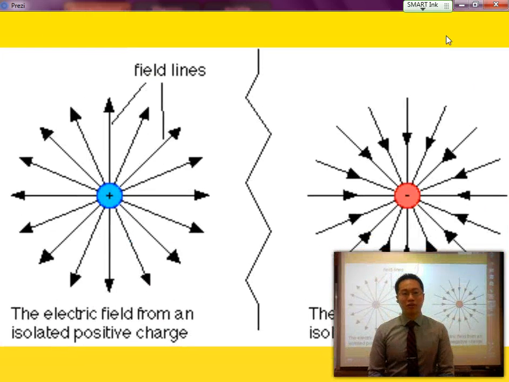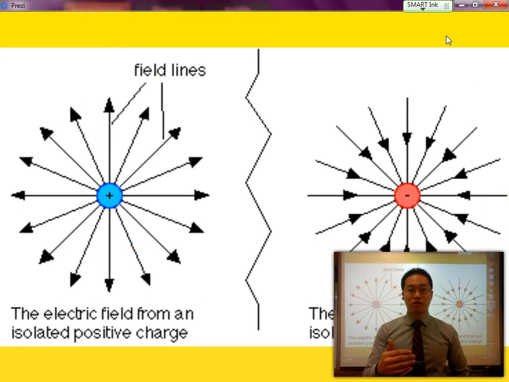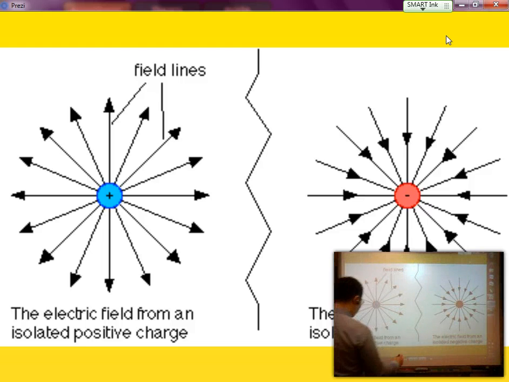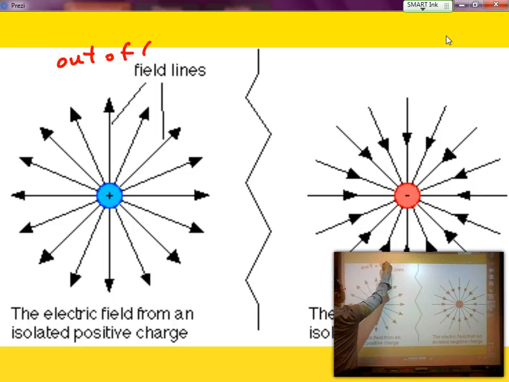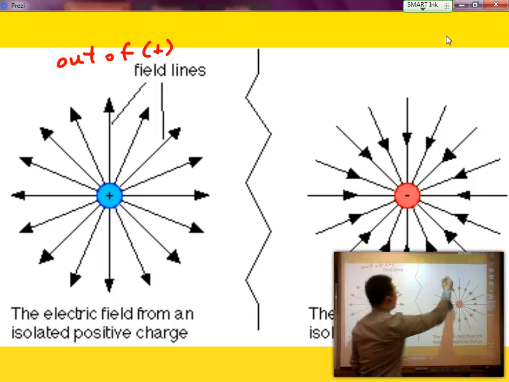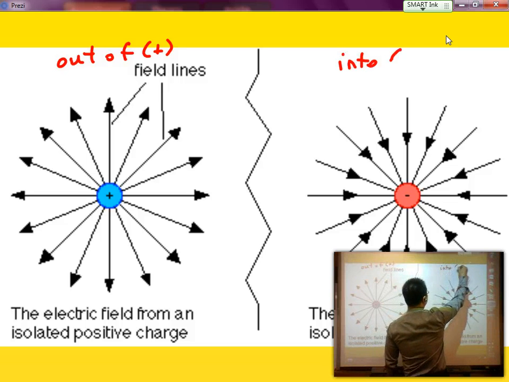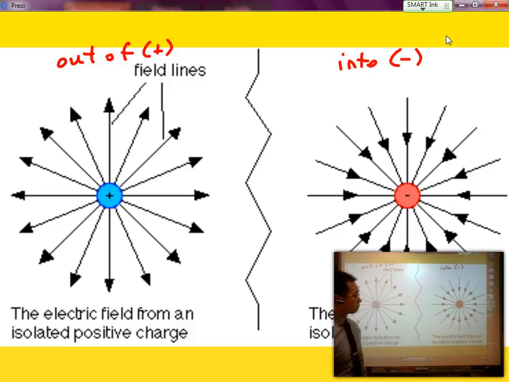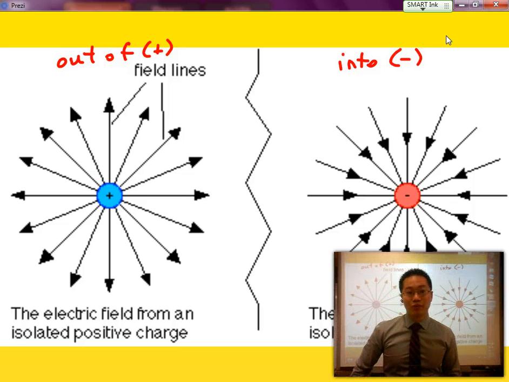So whenever we talk about the electric field lines for charges, we always have them going out of positive and into negative. Okay, so rather than just one type of field line, we now have two basic rules for field lines.